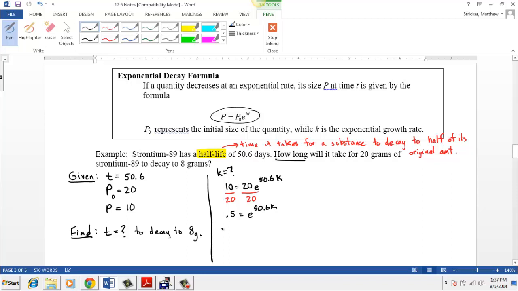Of course, we take the natural log of both sides, so we have the natural log of 0.5 equals, and remember what happens on this side, natural log of e, those cancel, and we just get 50.6k, nice and easy. And we divide by 50.6. And when we do that, we get what k is equal to.